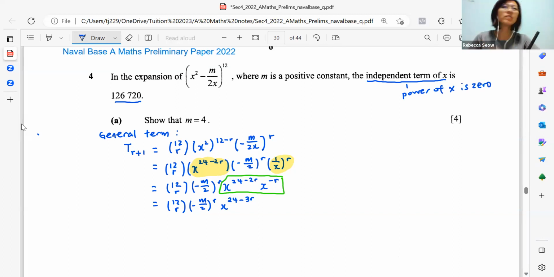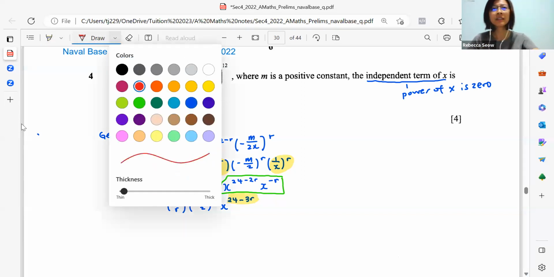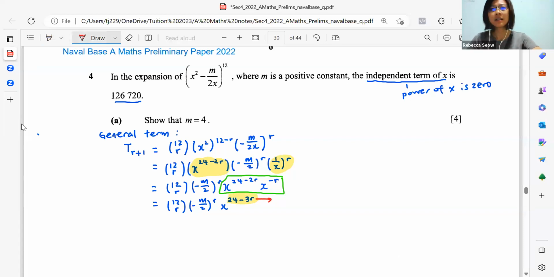And where in the general term are we looking for the power of x? Here, this one basically gives you the power of x. So when we consider the independent term of x, it means that 24 take away 3r equals 0.